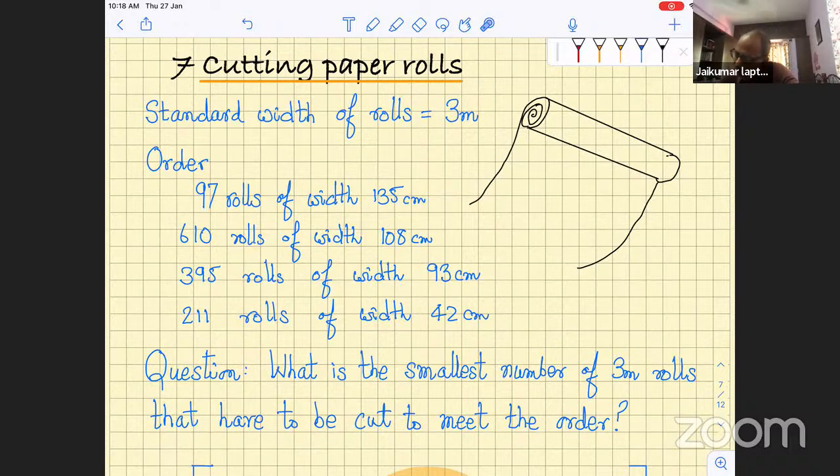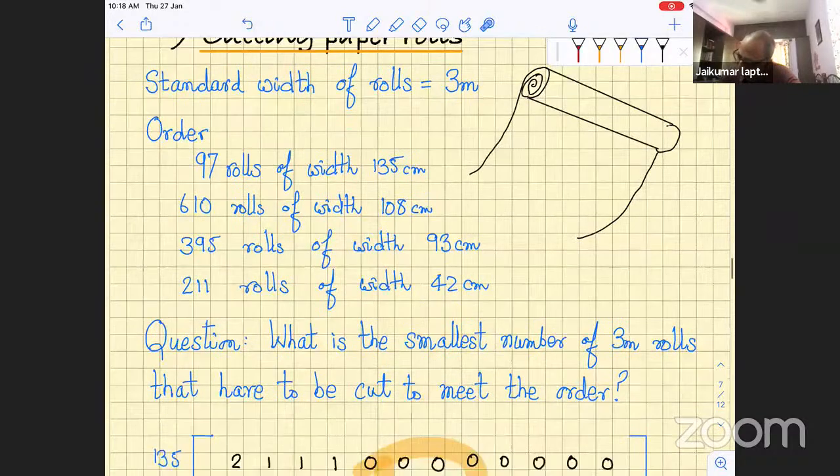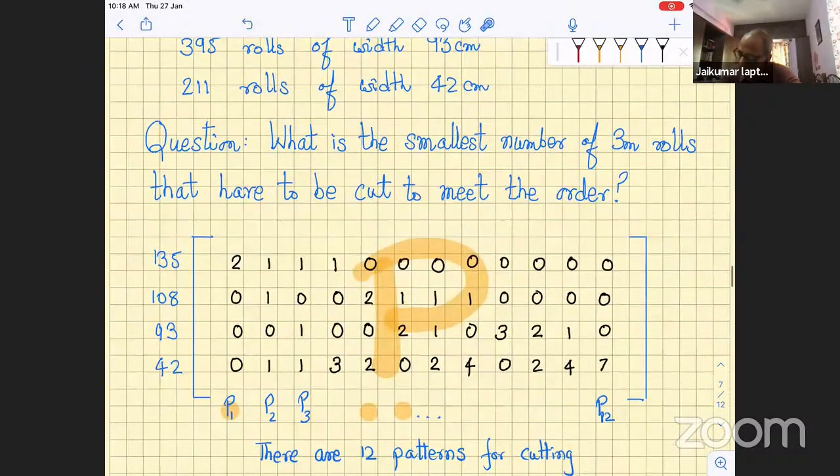The solution that one uses is the following. It's a very clever mixture of brute force and linear programming.